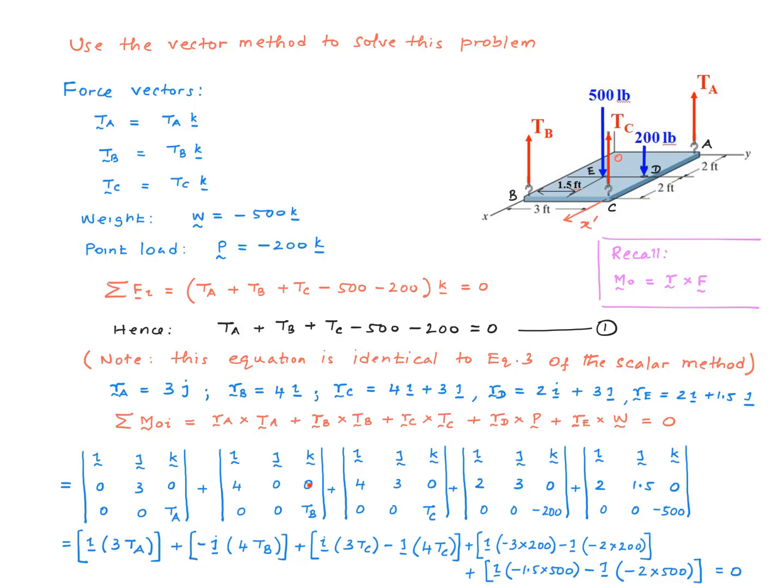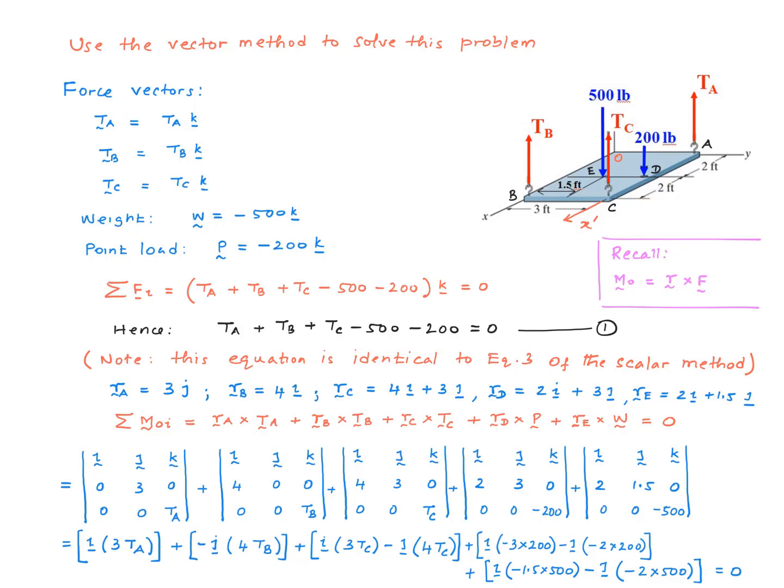But of course, to expand and go further, we need the r vectors and the F vectors. We already have the F vectors, so we only have to find the r vectors. These r vectors are all going from the origin of the coordinate system, O. Therefore, all we need to do is find the coordinates of the point that the r vectors are going to, and then we can write down the r vector simply using the components of the coordinates of that point.